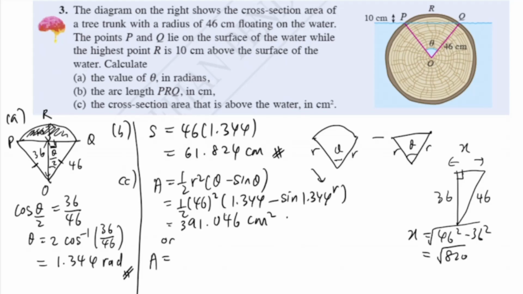This is area of sector, half r squared theta. Then you use area of triangle, which is half times base times height. But take note that this is only half of it. We're taking this triangle, so you go times 2. So it's 2 times half times base. My base is square root 820. The height is 36.